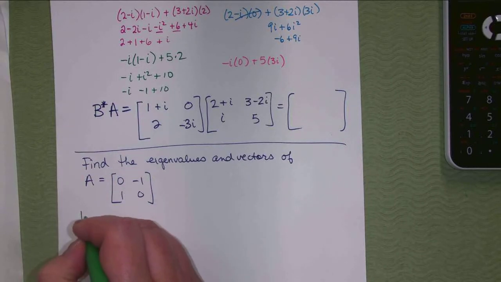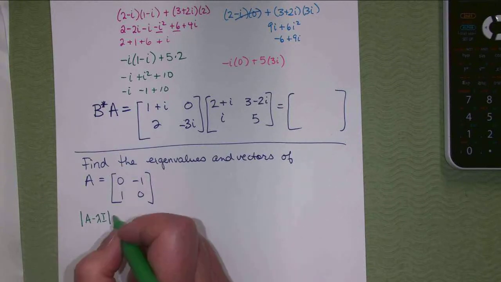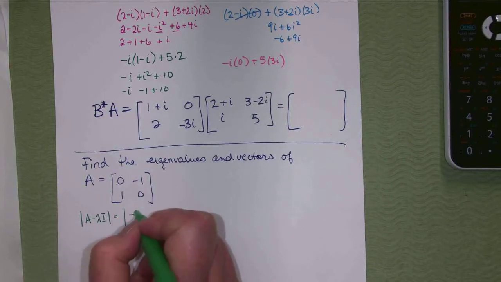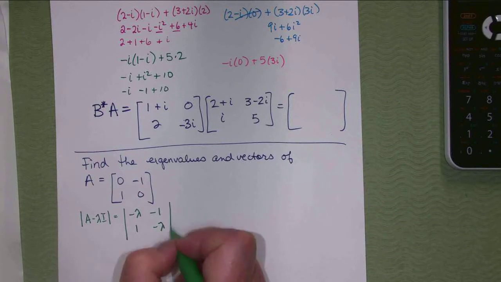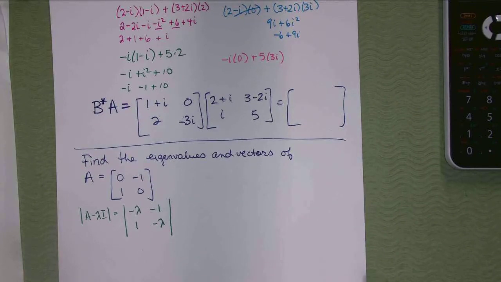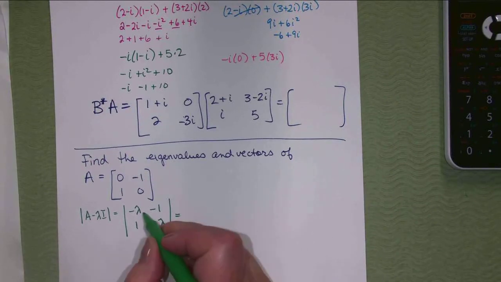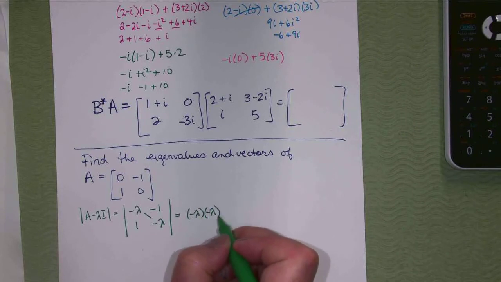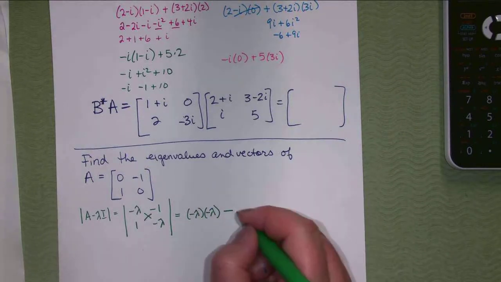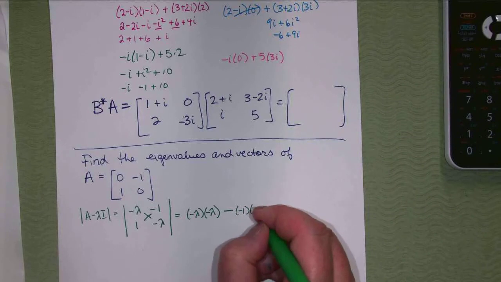We need the determinant of A minus lambda I. So we need to subtract lambda from the main diagonal and do the determinant. So here the determinant would be minus lambda times minus lambda, and then backwards, minus 1 times 1.